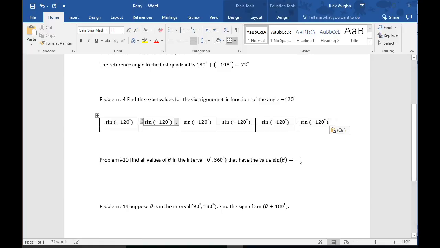Then I can edit. Next time I want not sine but cosine, and over here I want to put tangent. Over here we'll put the cosecant, secant, and cotangent.